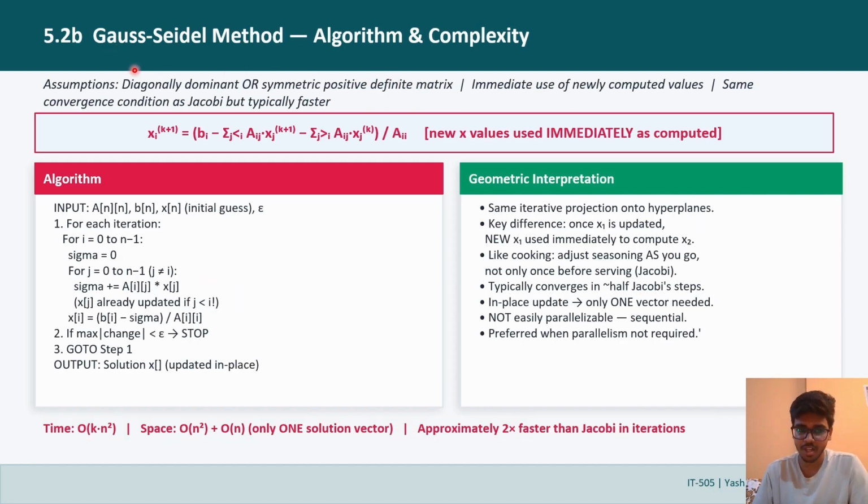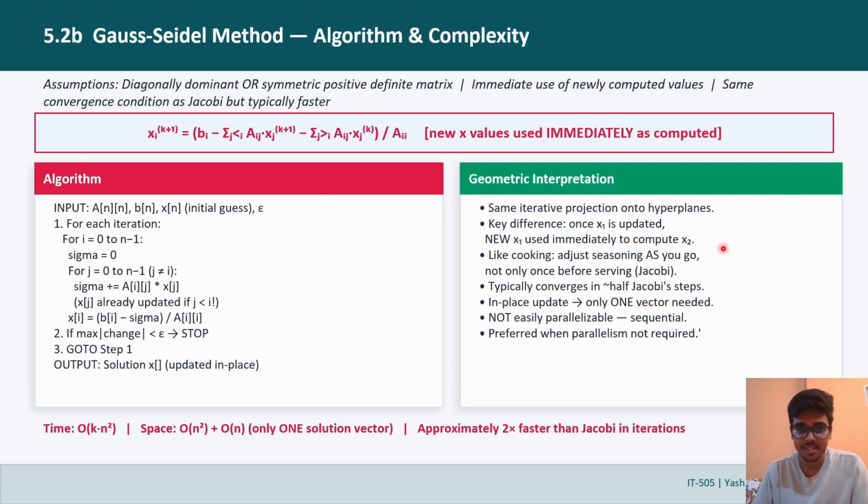Gauss-Seidel method. Assumption: same as Jacobi, diagonally dominant, or a symmetric positive definite matrix. The key algorithmic difference is that newly computed values are used immediately rather than waiting for the next iteration.